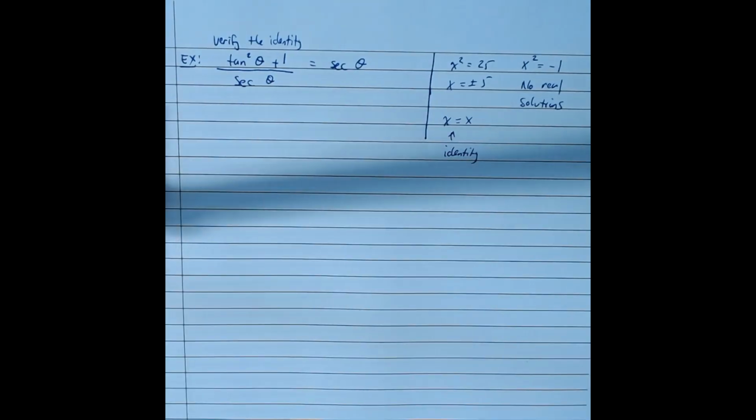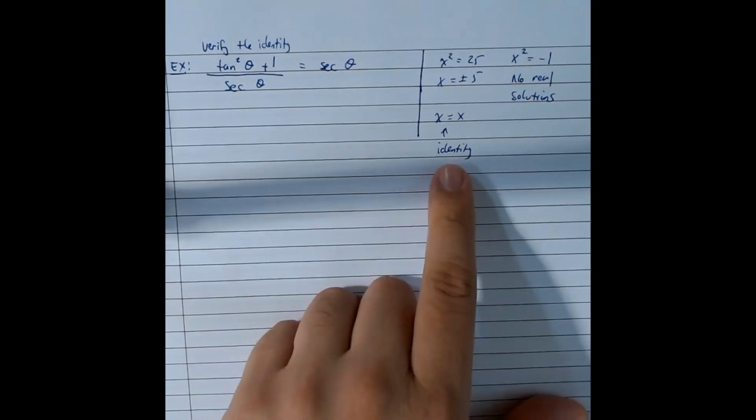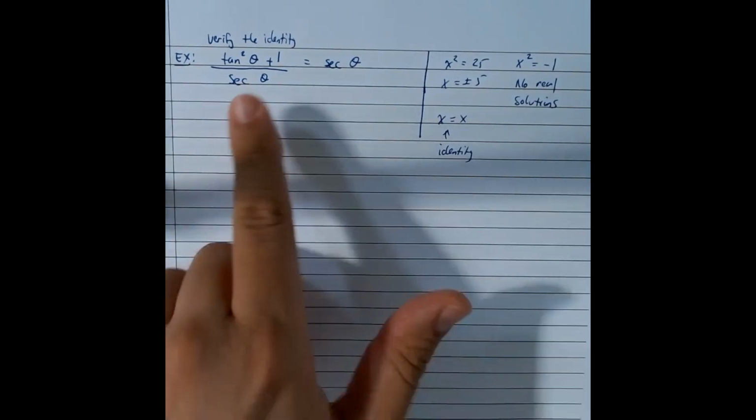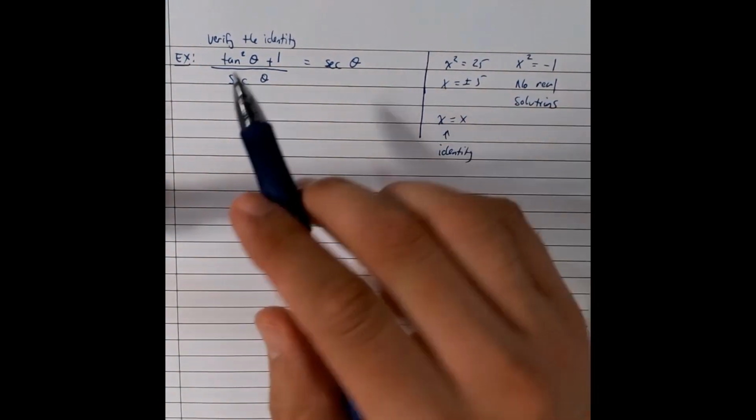So plugging in numbers is not sufficient because maybe I just got lucky and picked the 5 numbers that were actually solutions, whereas there's another billion that are not. And here we want them to always be true for any number. So how do we do that?